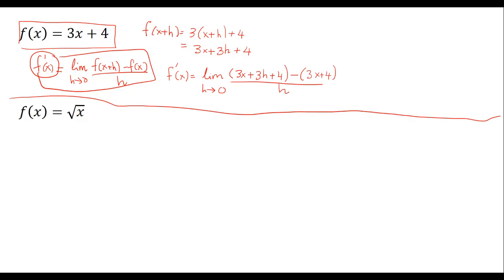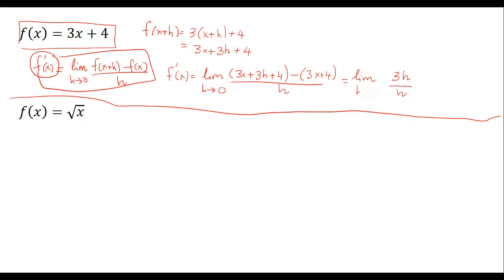Once you have this, you can just simplify this value. It is just simple algebra. 3x minus 3x equals 0, and you are left with 3h. And then your 4 minus 4 also equals 0.